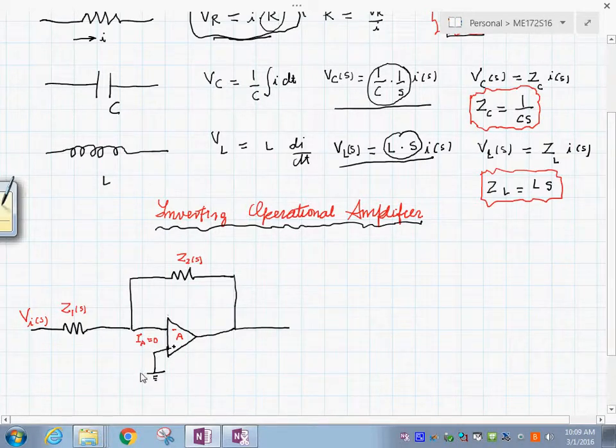We are going to call it I sub 1, I sub 1 of S, and the one here, I sub A, is 0. So this is I2 of S, like this. And in here, just to make sure we understand, this would be I1 of S.